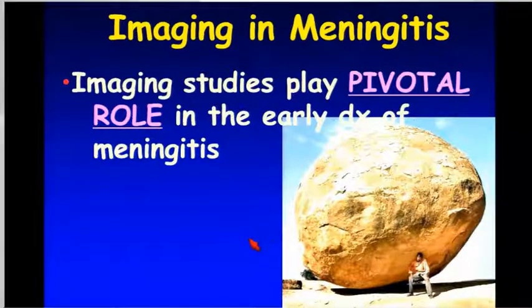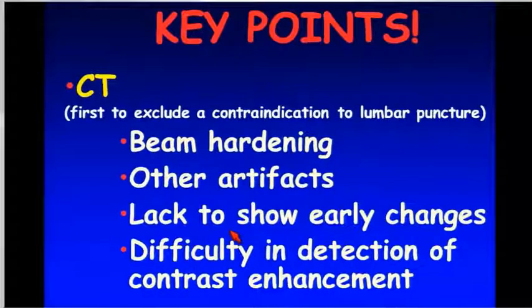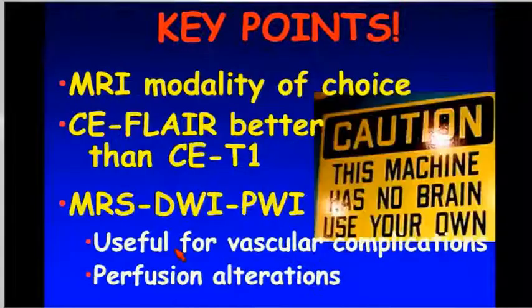Now, imaging studies do play a pivotal role in the early diagnosis, although it should always be clinical. CT has its limitations, whereas MR, particularly supplemented by contrast-enhanced T2 FLAIR images, can be quite helpful in defining the extent of meningeal irritation. And it's one reason why in our practice in Madison, we get our T2 FLAIRs routinely post-contrast.